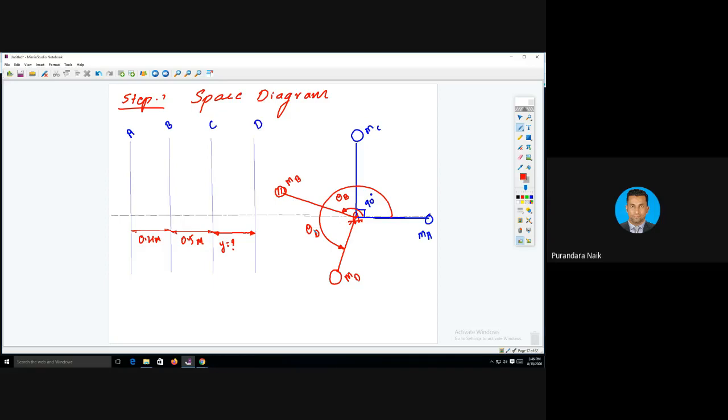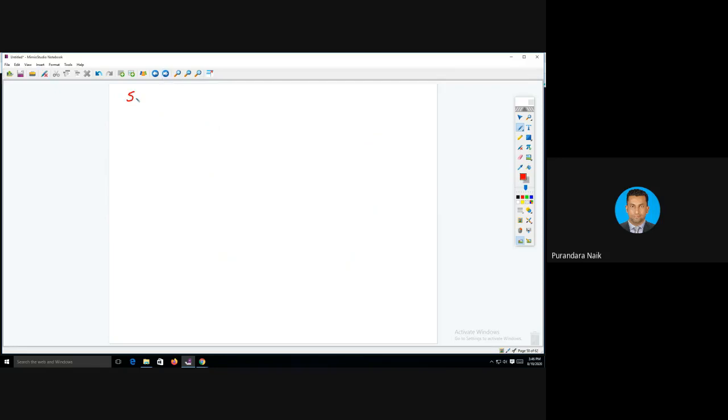After drawing the space diagram, let us go to the tabular column. Step 2, table or tabular column. You know how to write the tabular column. We have 4 different masses and all are rotating in different planes.